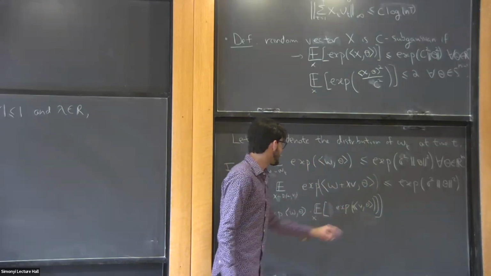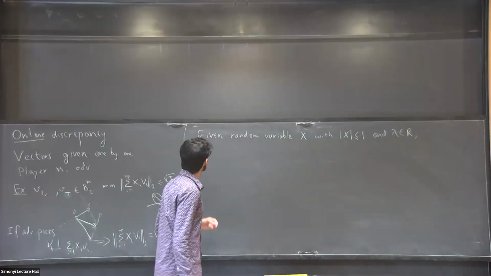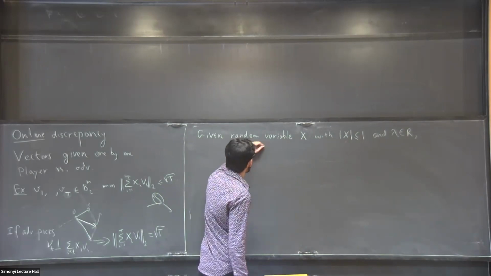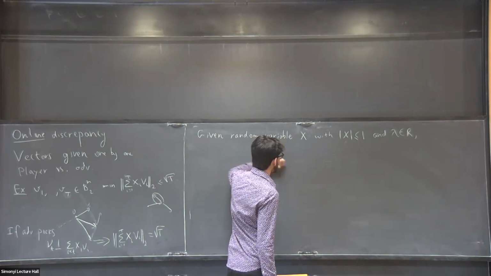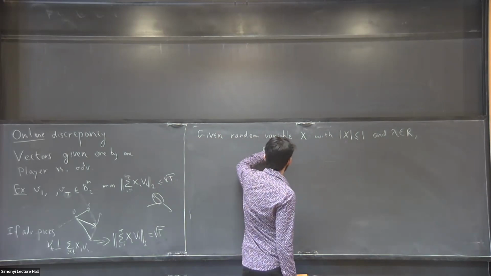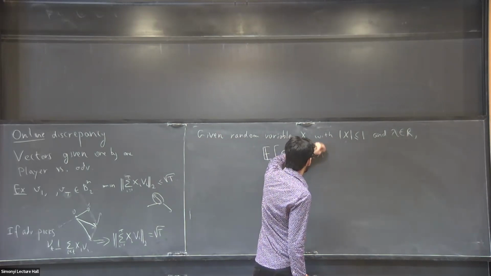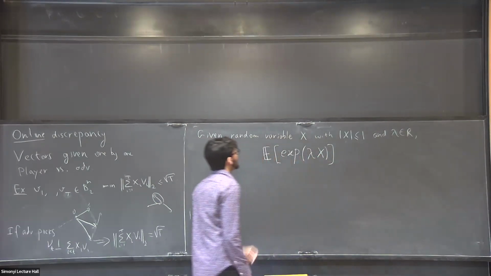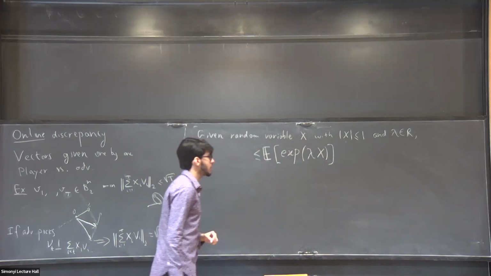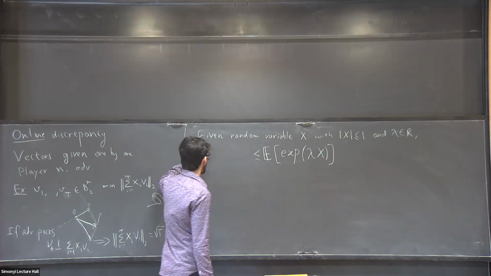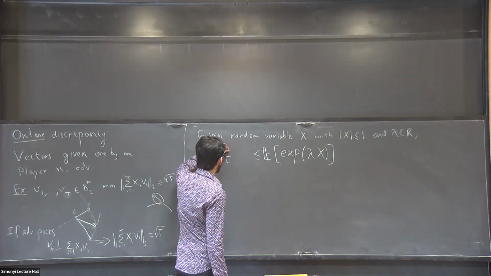This X is inside the exponential. So here I have the expectation of exponential lambda X. Jensen would tell you that it's lower bounded by something, that this is at least the exponential of the expectation.